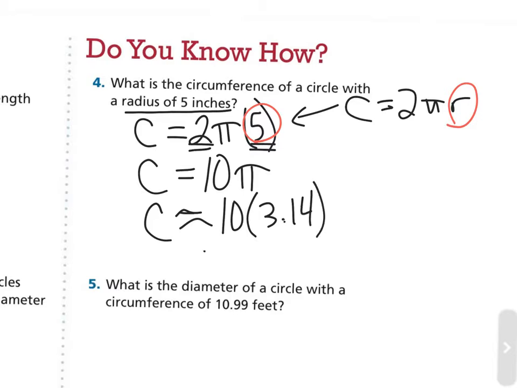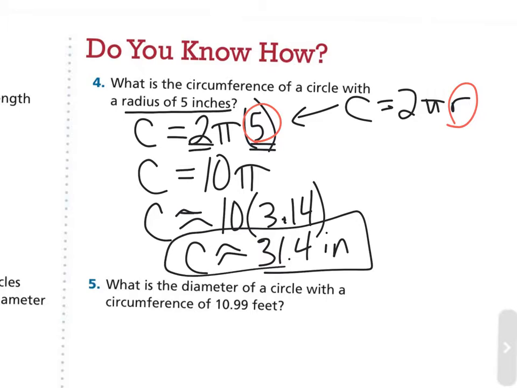I don't really need a calculator for this because if I multiply by 10, my decimal is just going to move one spot to the right. So this would be about 31.4 inches. Circumference is just regular units because it's a distance around something. So it's 31.4 inches would be our circumference.